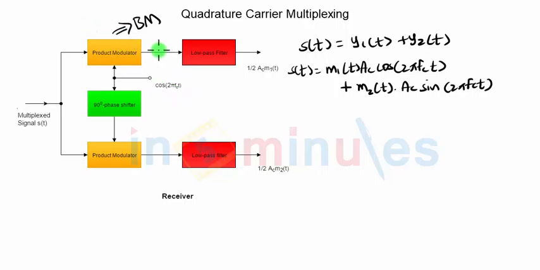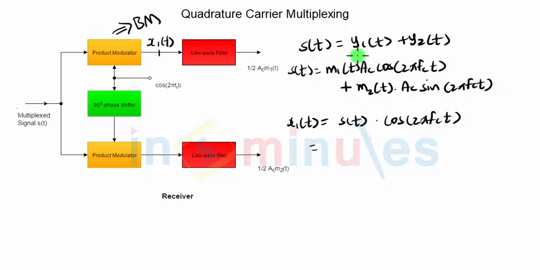Let us see what will be the output of the first product modulator. I am going to call it this time x1t. So x1t is equal to s of t, which is the input, multiplied with cos of 2 pi fct.